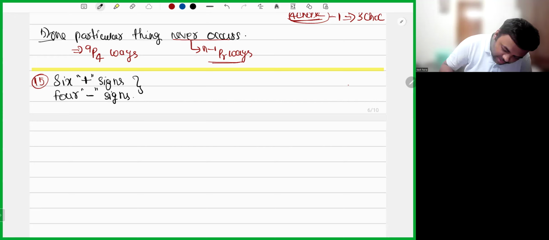You need to arrange them in a line so that no 2 minus signs are together. That's your 15th question.